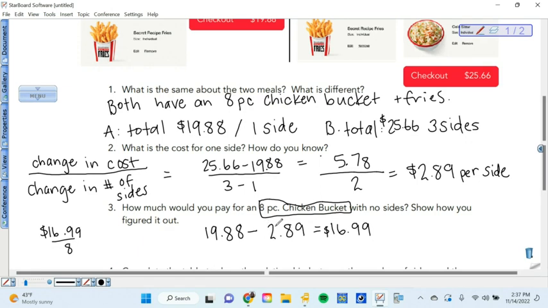Well, I hope that no one would eat 8 pieces of chicken. I think this is supposed to be a single meal. It's supposed to be like a family meal. One person? I had a friend who used to say any pizza is a personal pizza if you try hard enough.